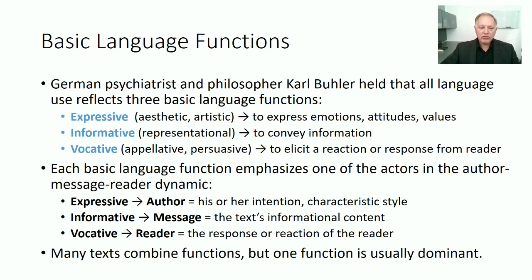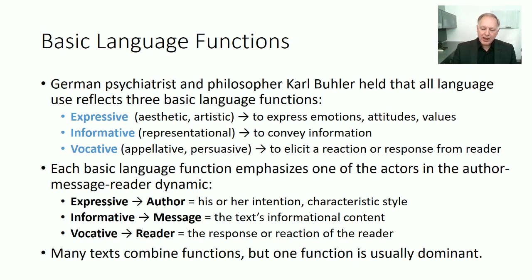The informative language function you could map onto the function of the message in a text, the content, the text's informational content. And then the vocative language function, when we're using language to elicit a response from a reader, that obviously correlates to the reader. So these three language functions correlate to the three players or actors in the model of textual communication.